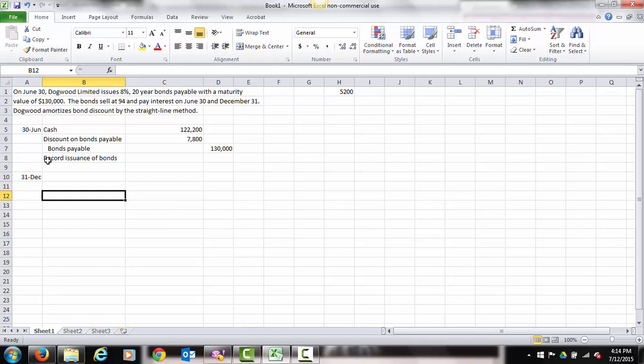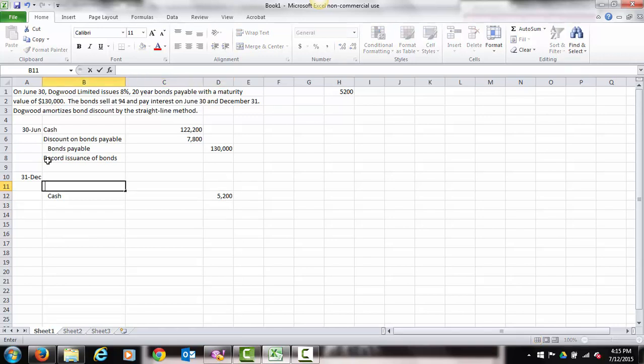What I'm going to do here is type in my credit first. So this is where I always start with my interest payments because I know that that is what I need to pay back to my bondholders.